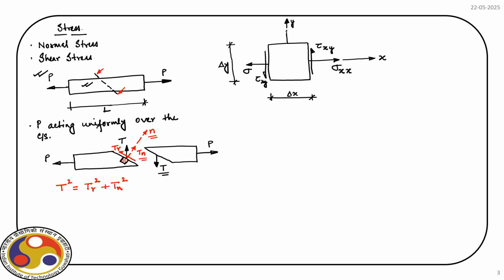And then now let us complete the other two faces. So, there will be a normal stress. So, this will be sigma acting over y plane along the direction of y. So, we call it sigma yy. And then we will have tau yx.